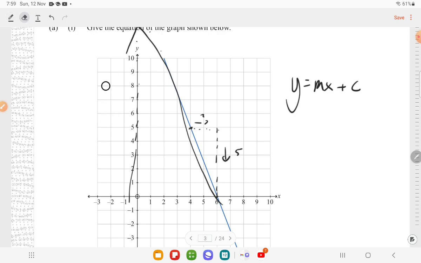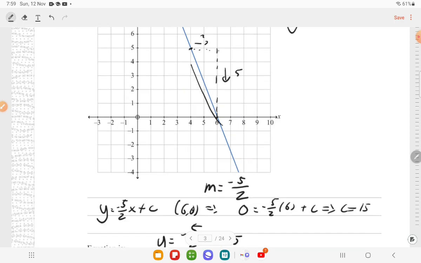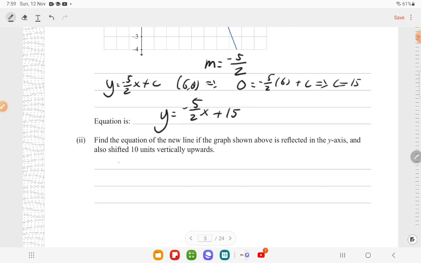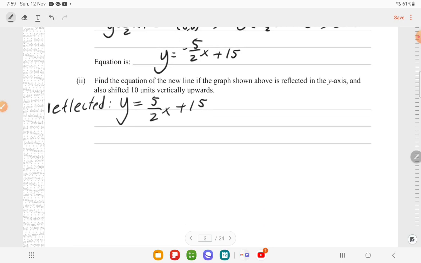So the reflected line gives us y equals 5 over 2x plus 15. And also shifted 10 units vertically up.